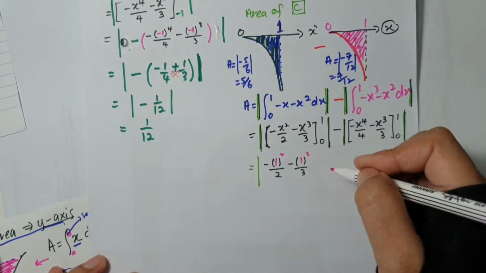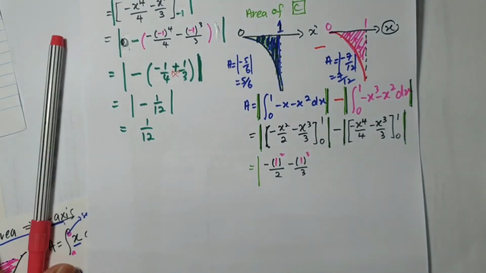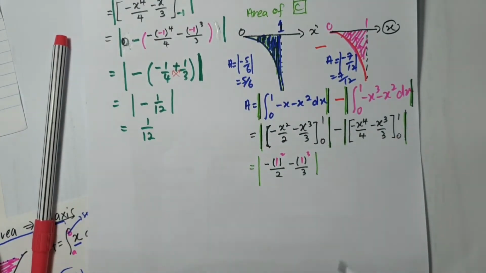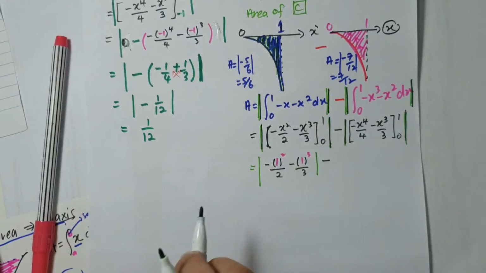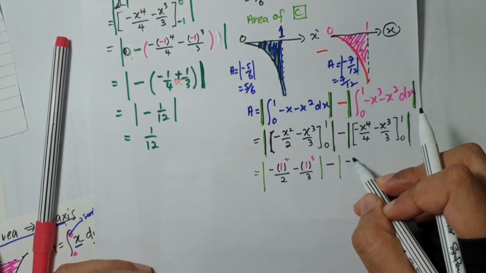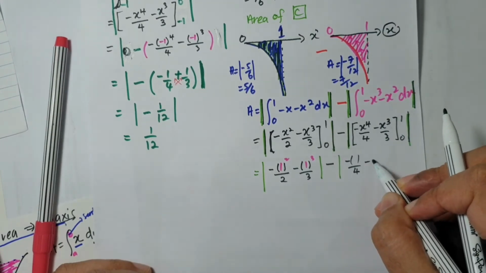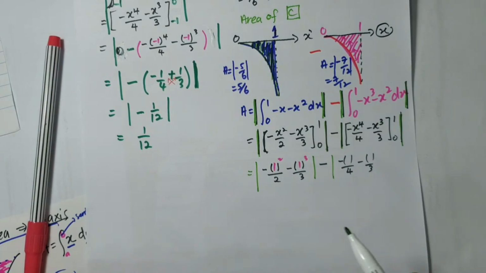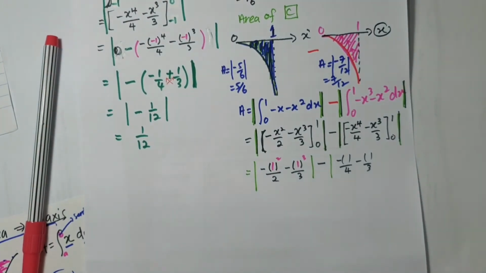Minus, put in 0, nothing happen. So that's why I tak letak lah minus 0. So modulus minus. Okay, modulus masuk 1, negative 1, 1, 3. Okay, masuk 0 tak ada apa-apa. Okay, so just leave it like that.